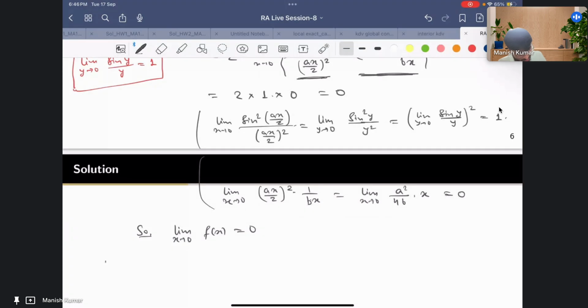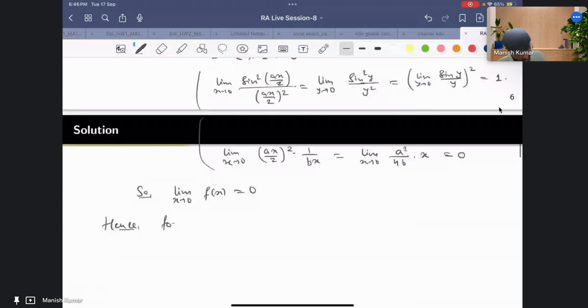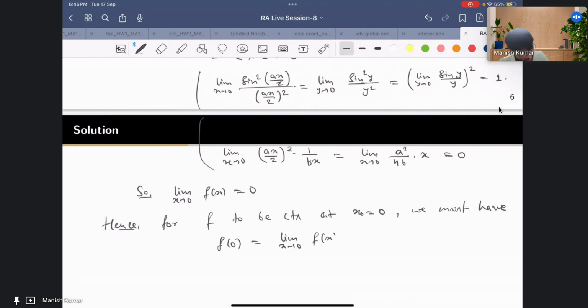Hence, for f to be continuous at x equal to 0, we must have f of 0 equal to limit x going to 0 f of x, and this is 0.